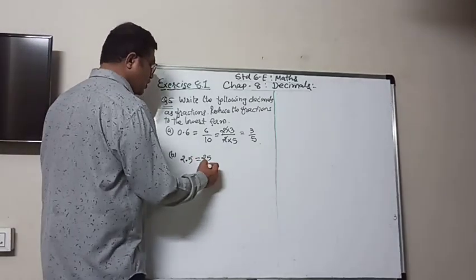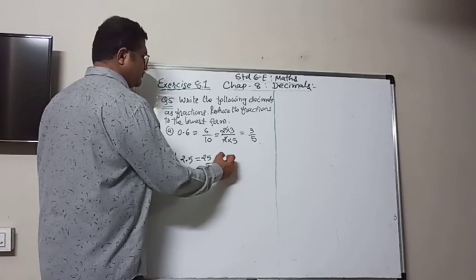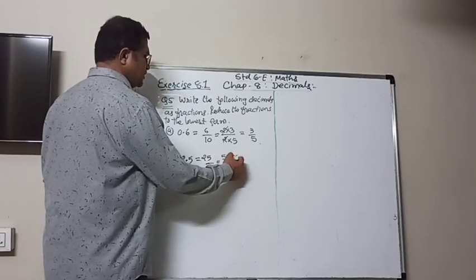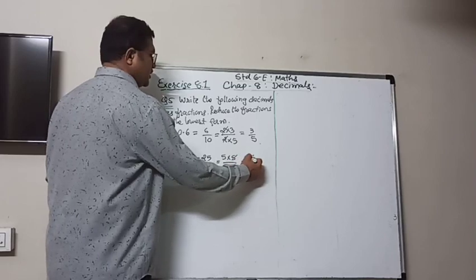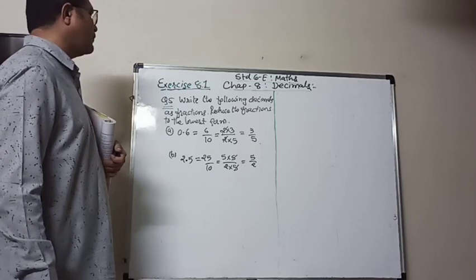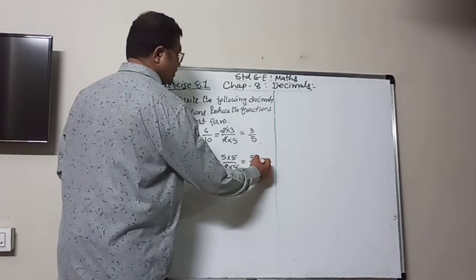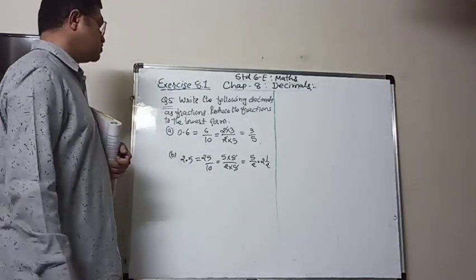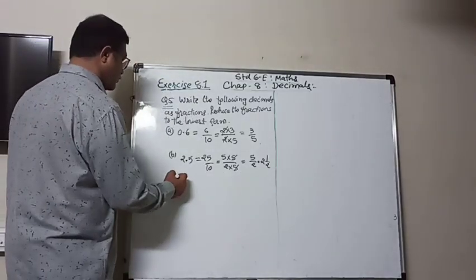So 25 upon 10. And then 5 5s are 25 and 2 5s are 10. So the lowest form is 5 upon 2. Or you can write in the mixed fraction as 2 integer 1 upon 2.